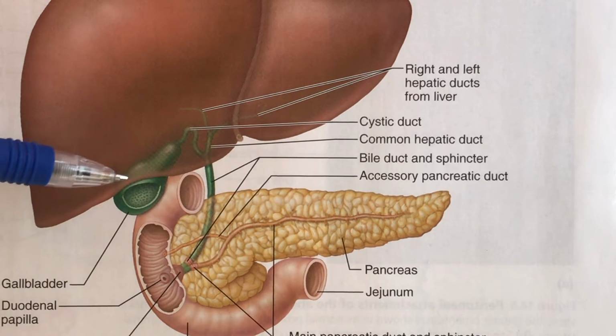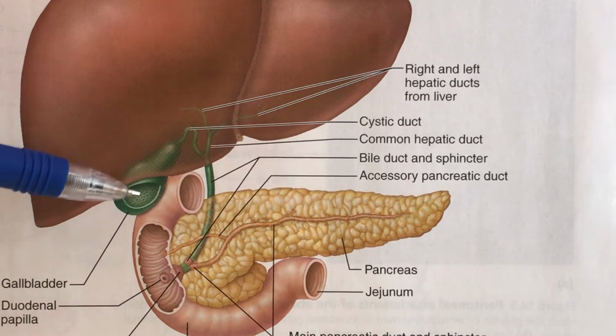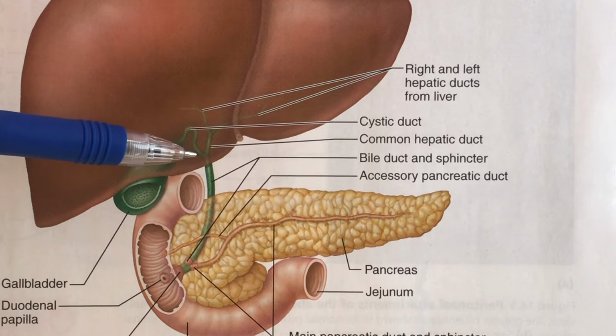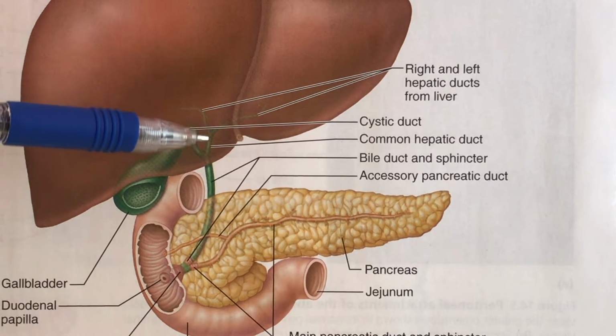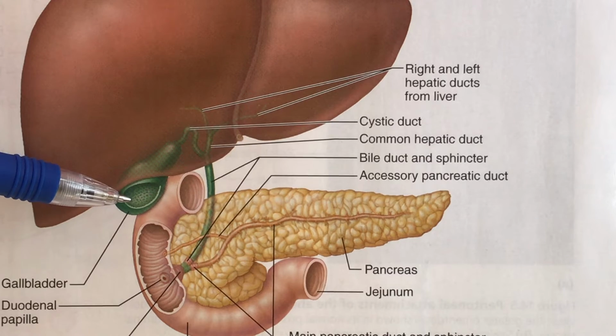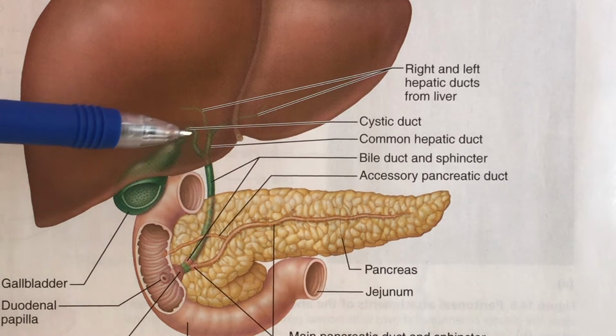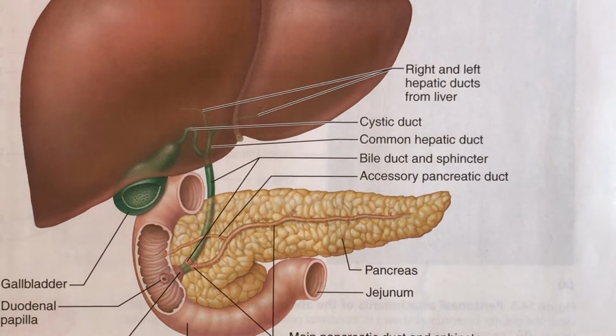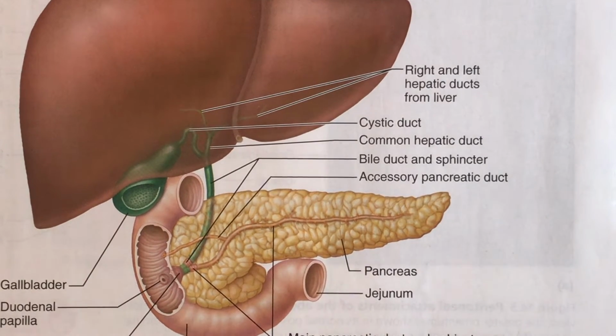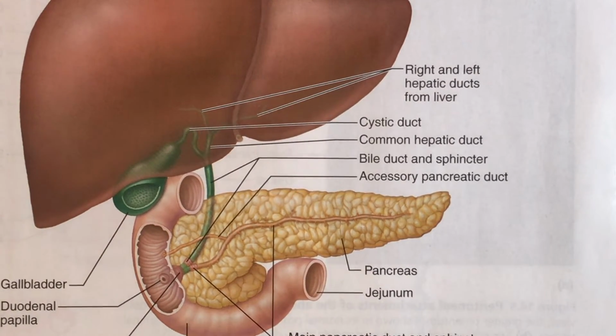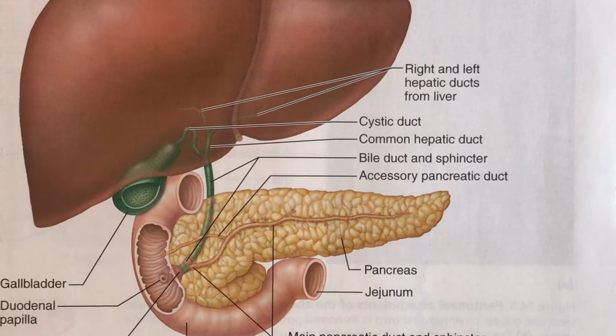However, the liver will also send bile up, and it'll be stored through this cystic duct here for storage for meals that have extra fat.